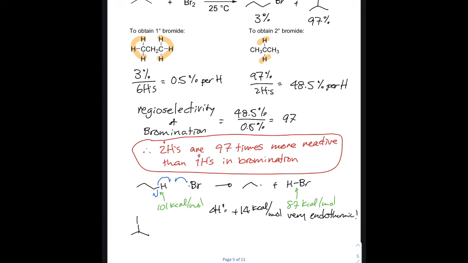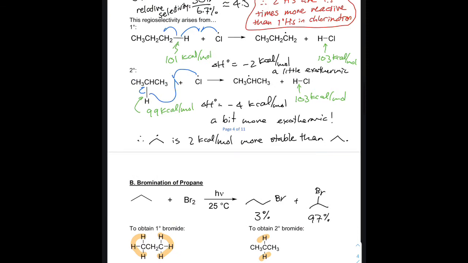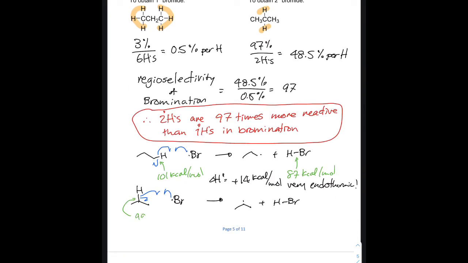That's very different, right? Let's think about the secondary case. If that secondary hydrogen gets abstracted by the bromine radical, it becomes the secondary radical. We still have the same thermodynamic parameters, so this is worth, what was it, 99 kilocal per mole.